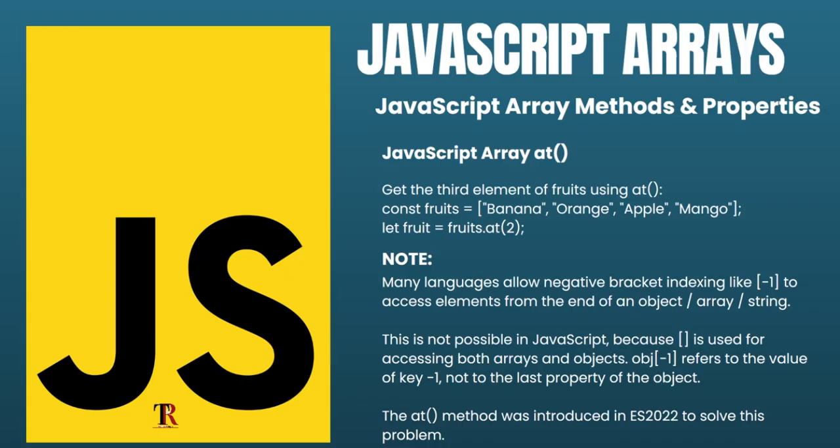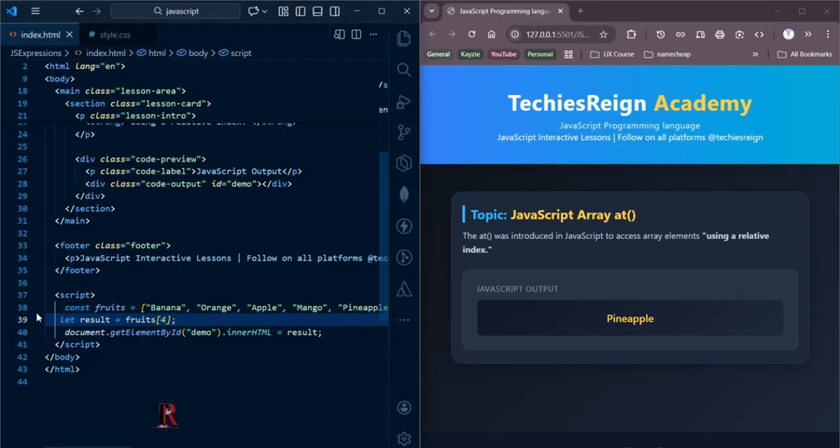Now let's take a look at why the at method was introduced in JavaScript. Many languages allow negative bracket indexing like -1. So you can do something like -1. Now you can see that in JavaScript, it's showing undefined, but some languages support it.